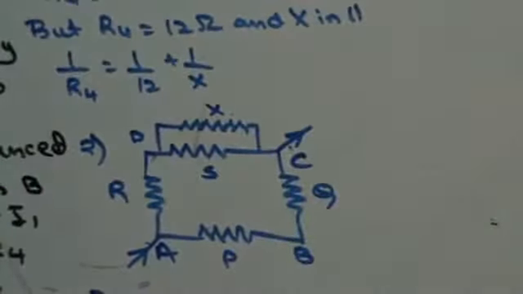Now, let's see this. For balancing, if the network is balanced, then P upon Q should be equal to R upon S, right?